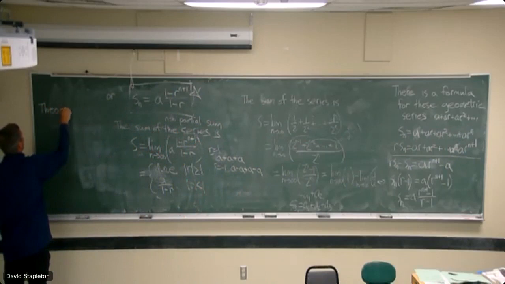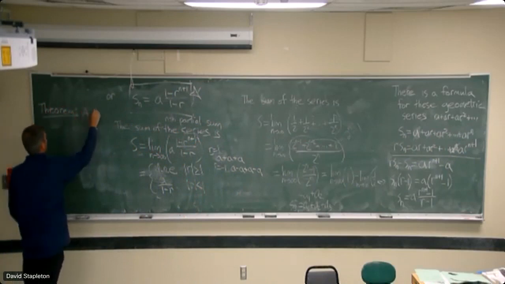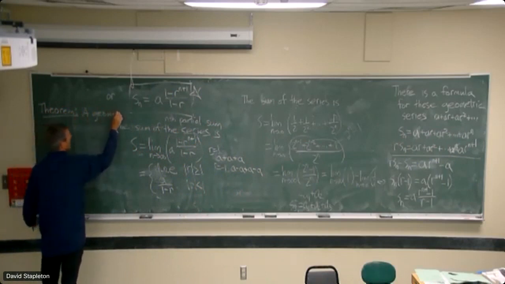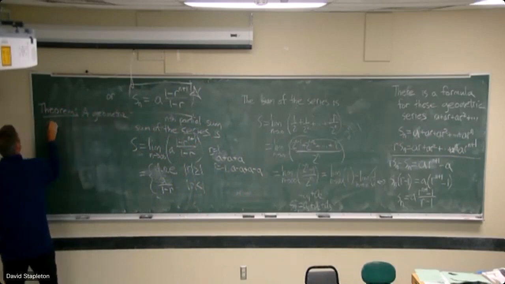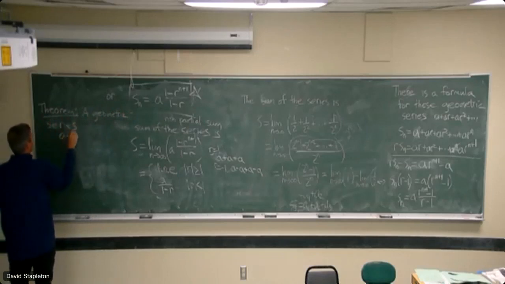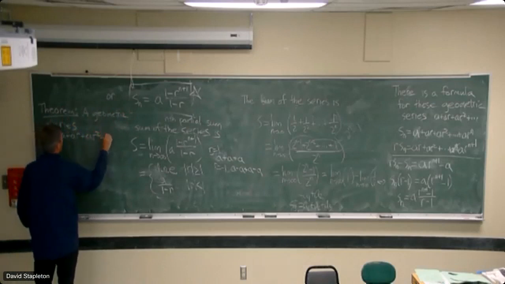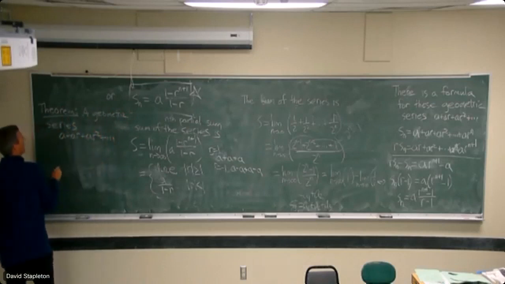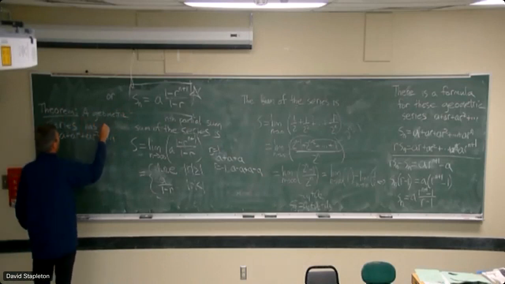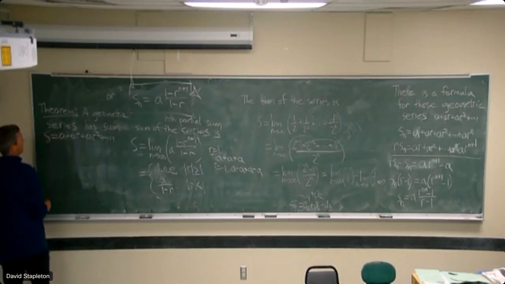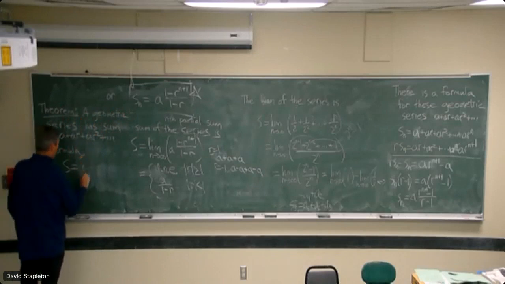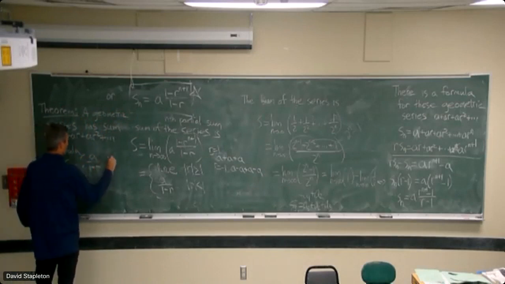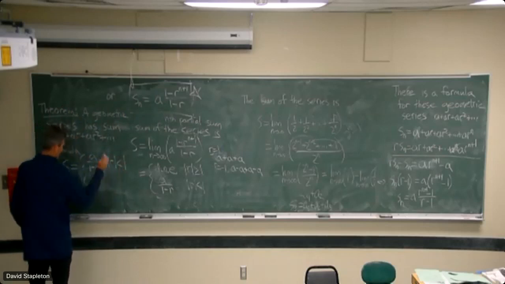Theorem: a geometric series A plus AR plus AR squared and so on forever has sum S equal to A over one minus R, the formula we just showed, if the absolute value of R is less than one, or does not exist otherwise.